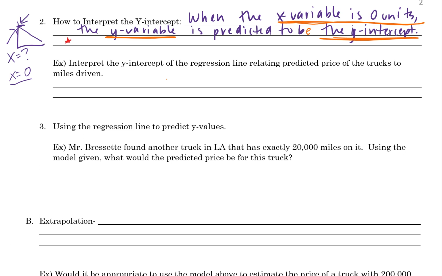So just kind of a side note, the y-intercept sometimes doesn't make sense in context. Sometimes, not all the time.